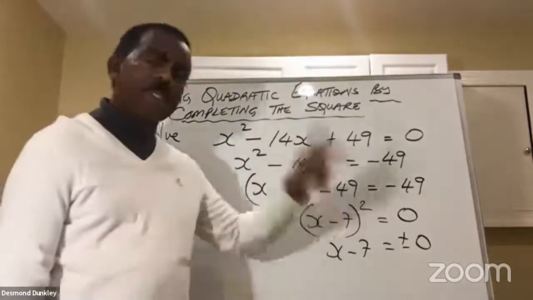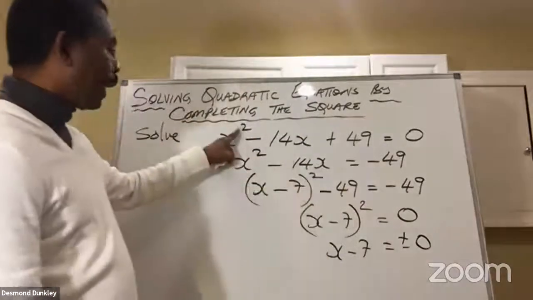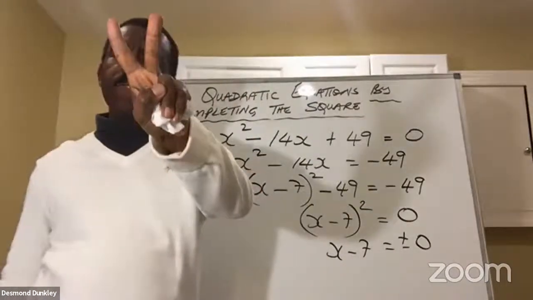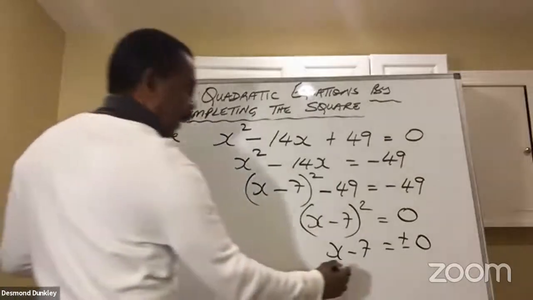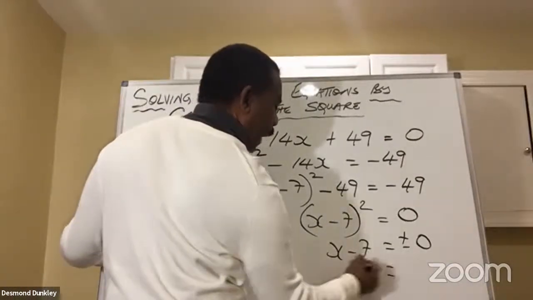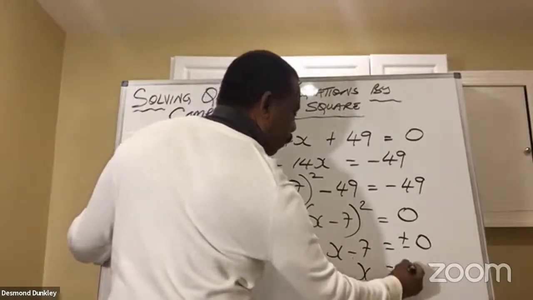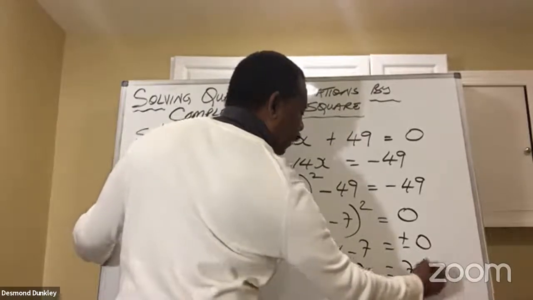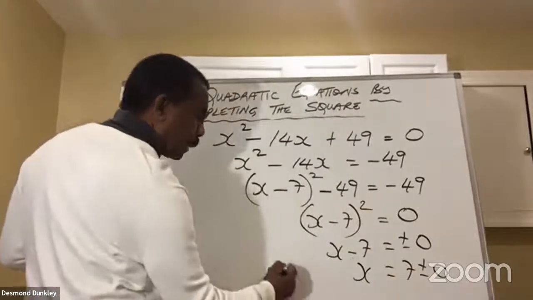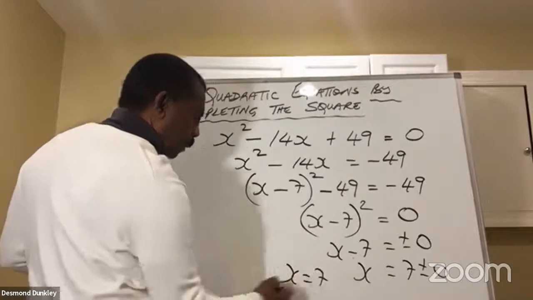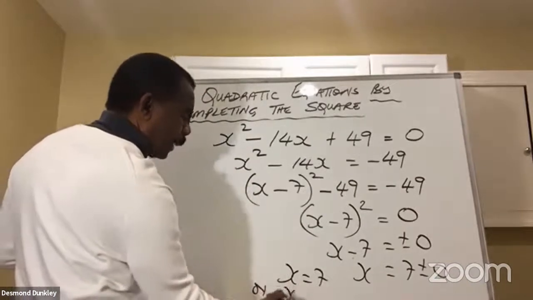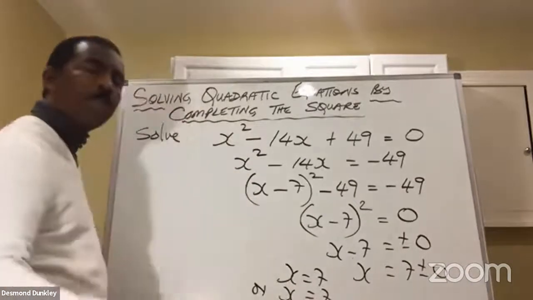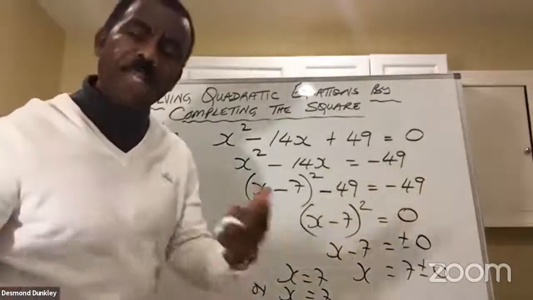Remember, we need to get two answers. It is a quadratic equation. We need to get two answers. And in this case, we end up with x equal to, add 7 to both sides, 7 plus or minus 0. So we end up with two answers, x equal to 7 or x equal to 7. In other words, you end up with two identical answers.